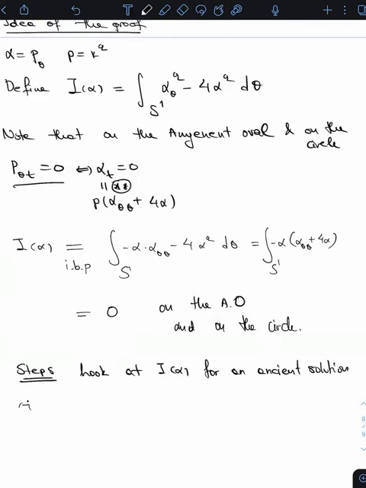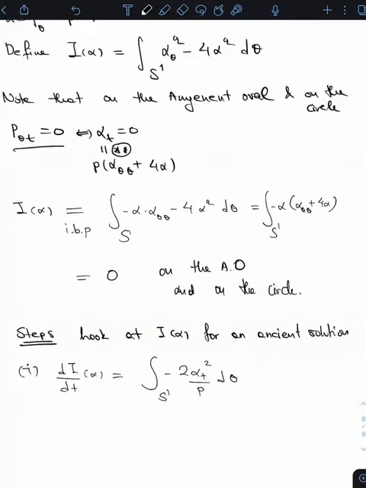And the first thing is to show, okay, dI/dt, compute this and get that this is equal to minus 2 alpha_t squared over p dθ, over S1.